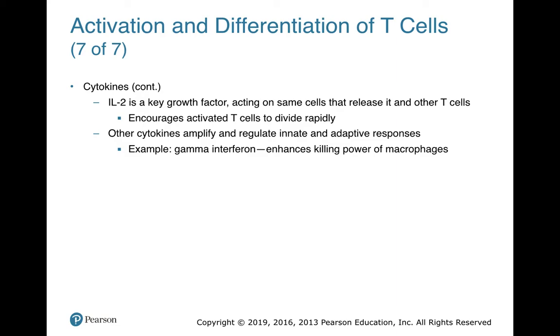It acts on the same T cells that release it. It acts on other T cells. It encourages activated T cells to divide more rapidly. There are other cytokines that help to amplify and regulate both the innate and the adaptive responses. Gamma interferon helps make macrophages angry macrophages, so they're even more effective.